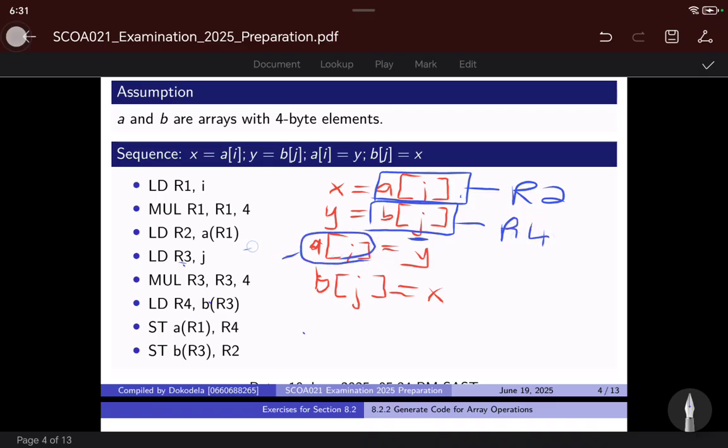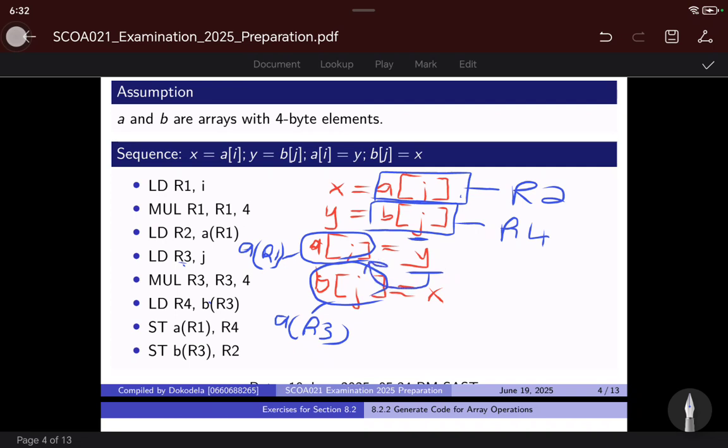It's AR1, and this one is AR3. So now the last instruction says that I must store Y into this.